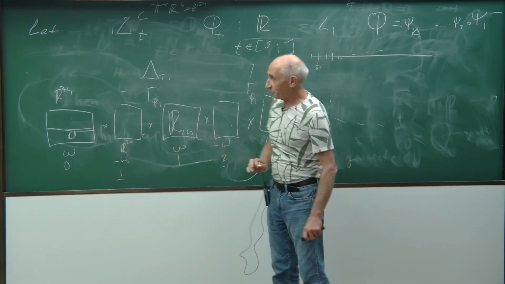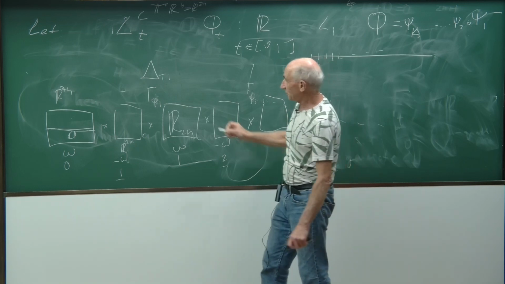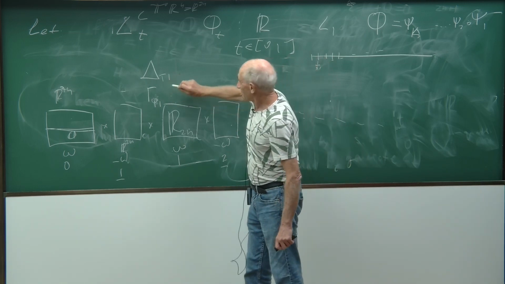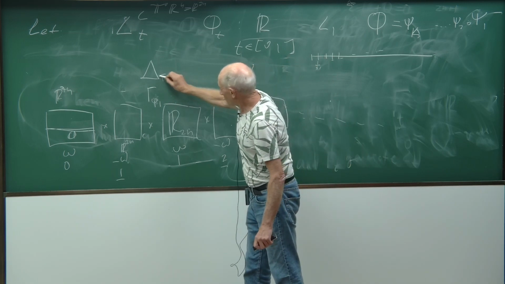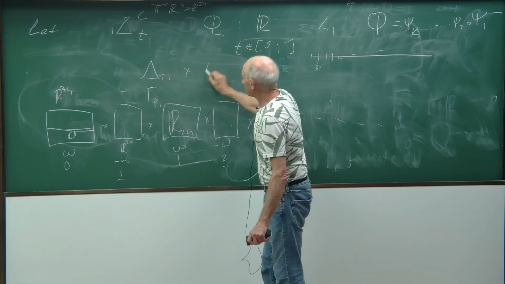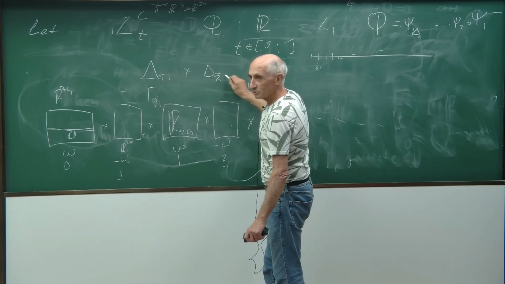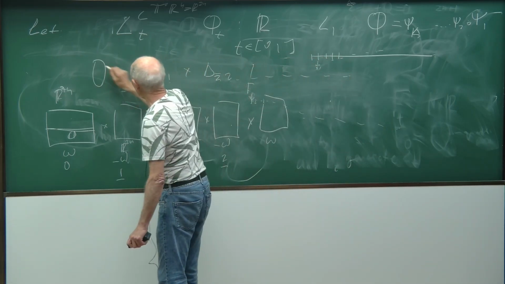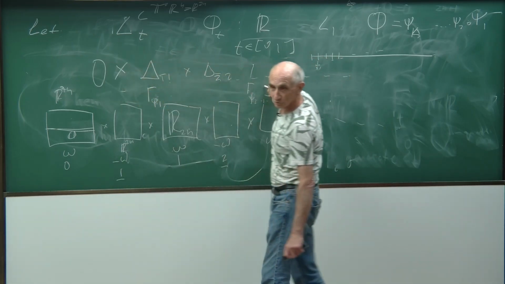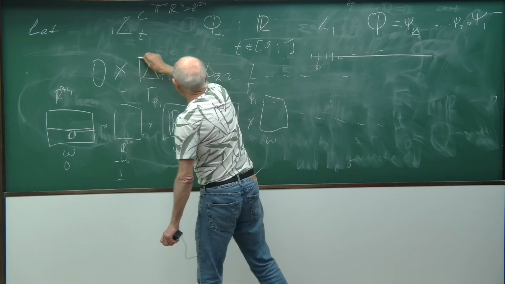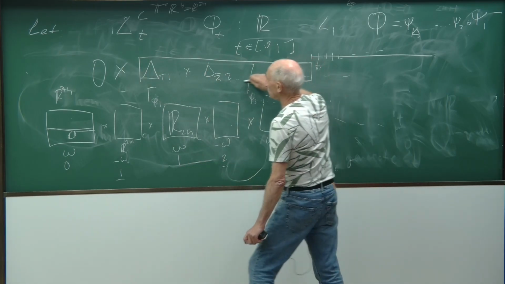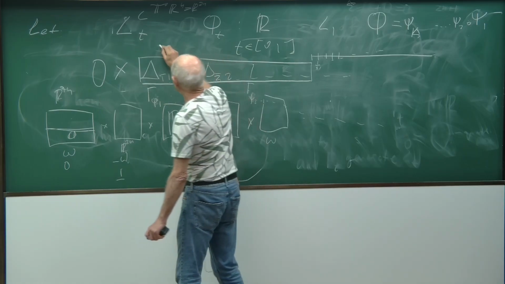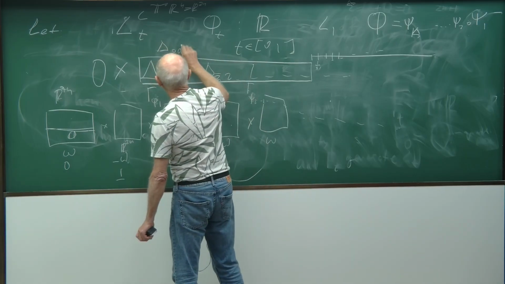Now you have the following Lagrangian. You have delta 1 bar 1 times delta 2 bar 2. You take this one and cross 0. You take 0 times the product of these. Let me call this product delta odd.